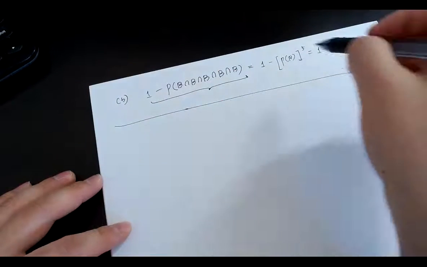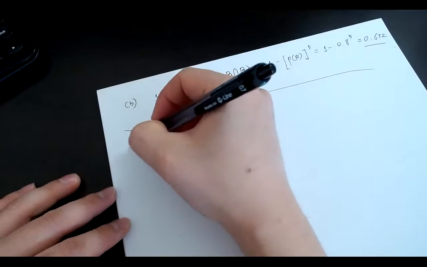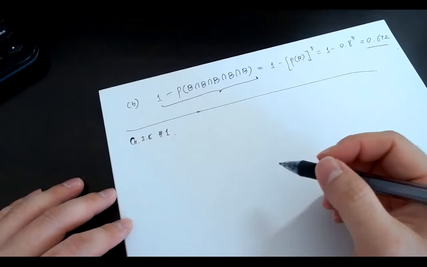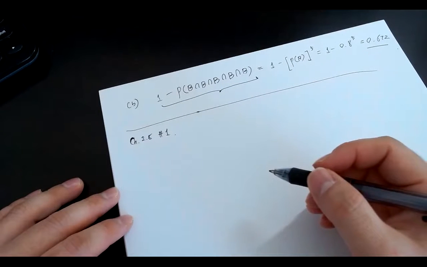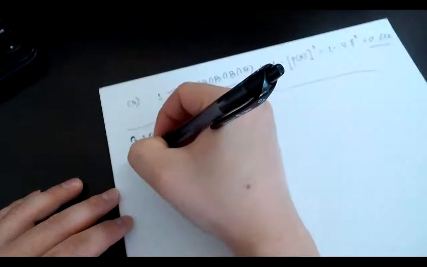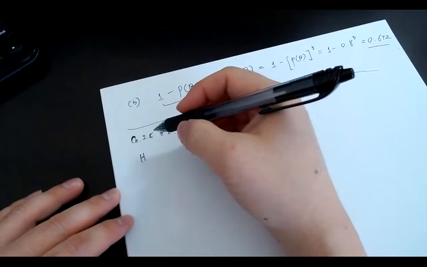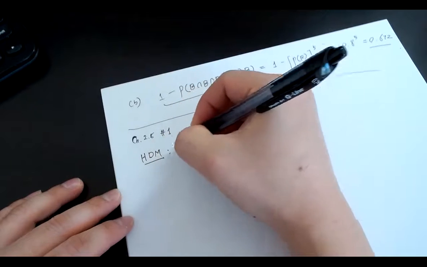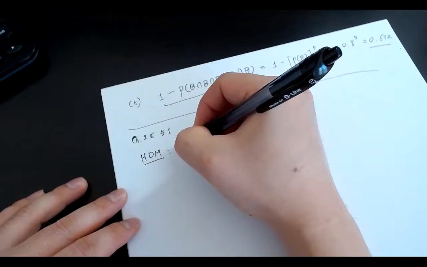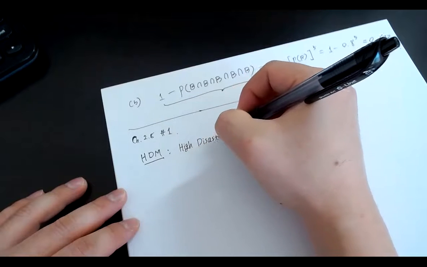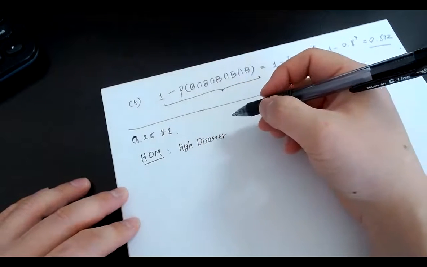So this is chapter 2.8, problem number 1. Let's say H, disaster magnitude HDM, represents the high disaster magnitude.